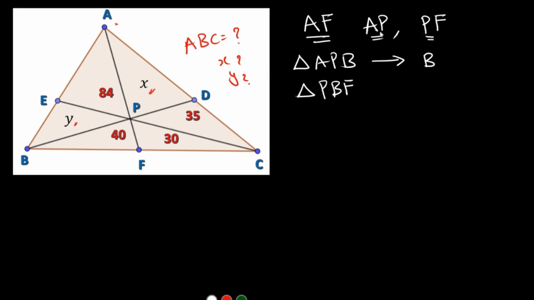So these two bases are inline, like coincident lines, right? But different lengths of the base. AP is one length and PF is the other length. But the opposite vertex of the PBF triangle is the same B, right?